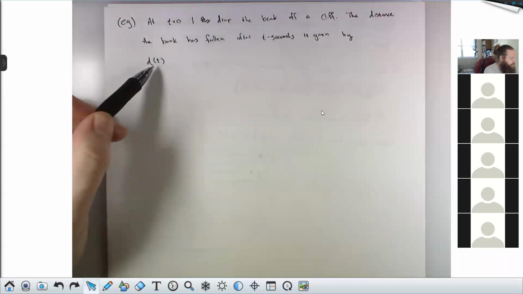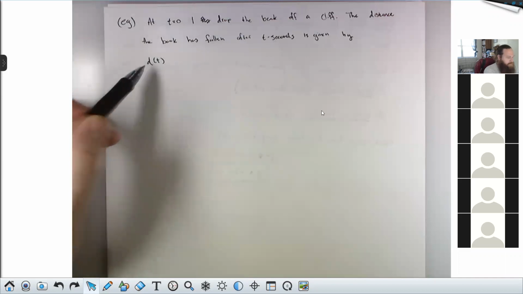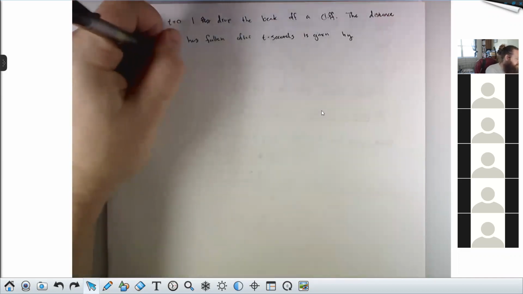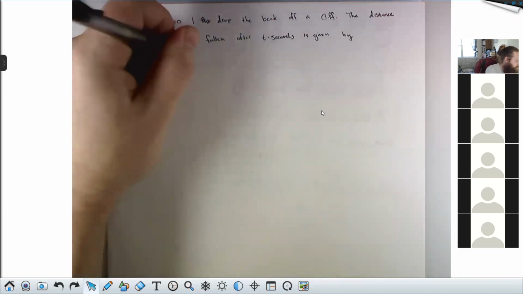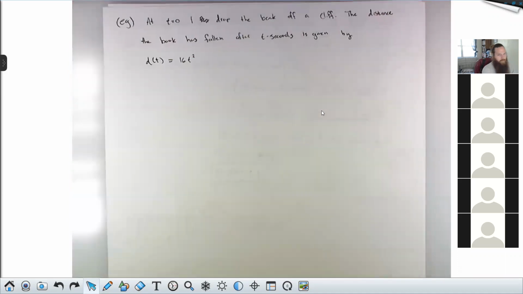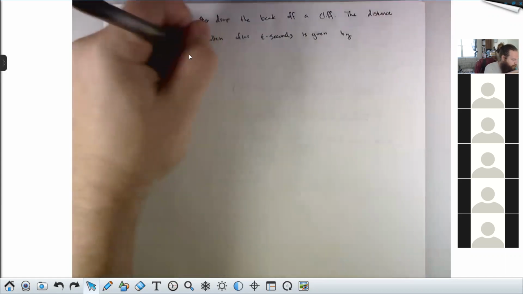T is my variable here, it represents time, and I'm using d of t instead of f of x, d for distance. This is 16t squared. So 9.8 meters per second, or 16 feet per second. This is feet.